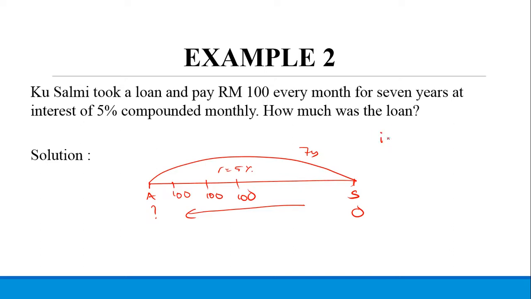So how do you calculate this? First, I find the i. r is 0.05 divided by m, every month, so 12. The n is m multiplied by t, 12 multiplied by 7, and you get 84.